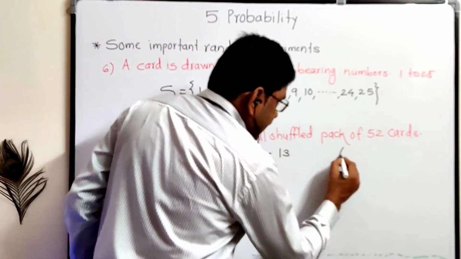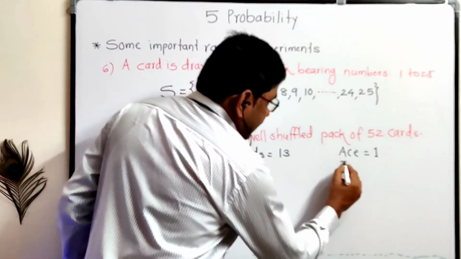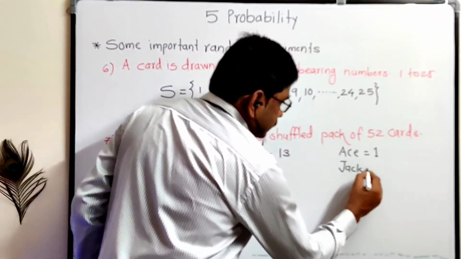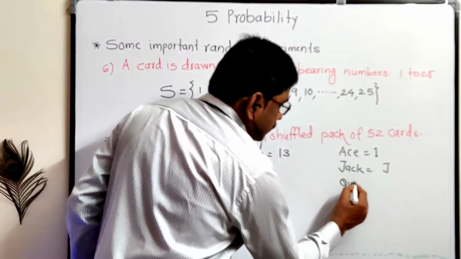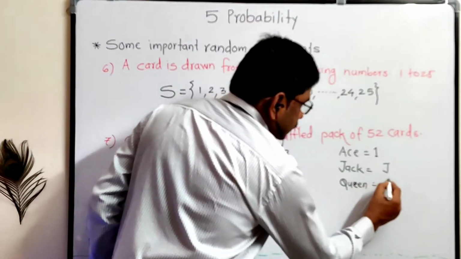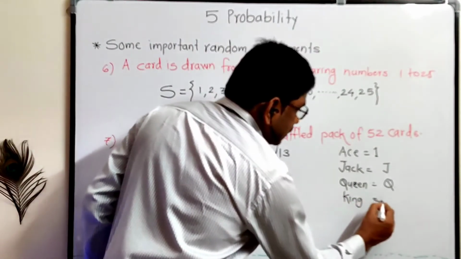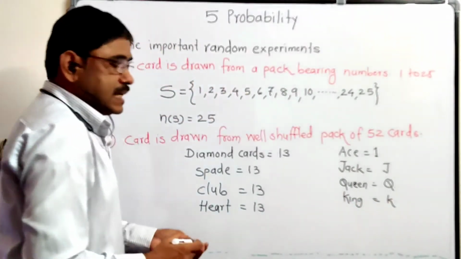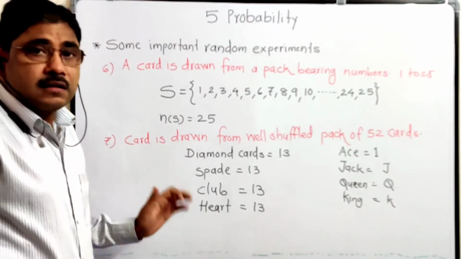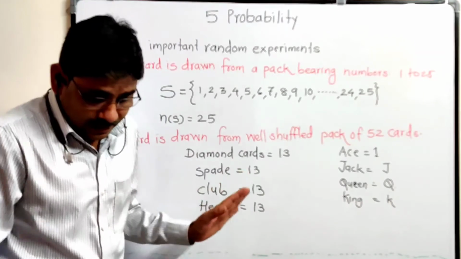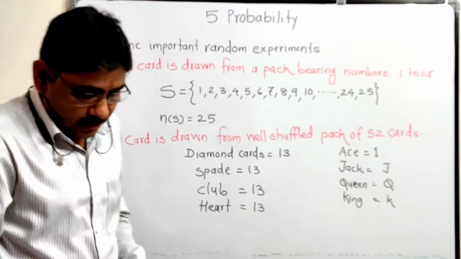So ace means ekka, jack means gulam, queen that is Q, and king, raja, that is K. These are the cards. So in cards we can't write the sample space, means S, directly. We have to write n(S) and then write the other things.